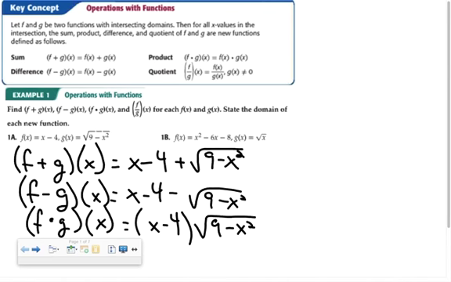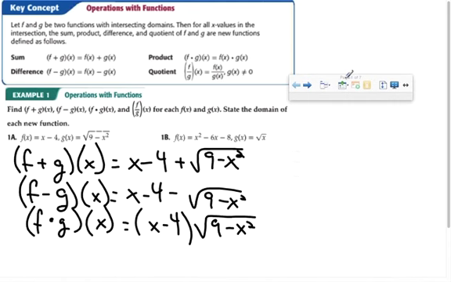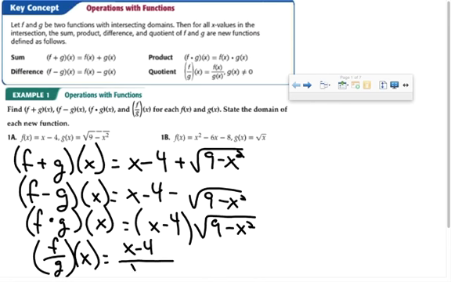If you really wanted to, you could distribute that out. I don't think it's really necessary. And the f over g of x is x minus 4 over the square root of 9 minus x squared.